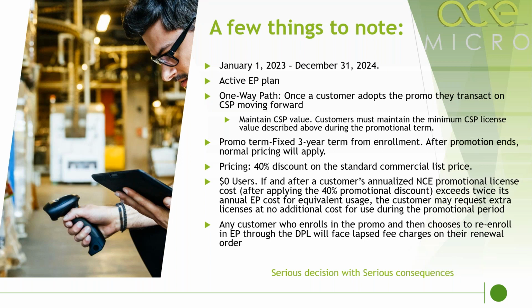And this bottom bullet addresses that: if not, there's some serious teeth in it. If you don't move to Business Central by 3 years, there are penalties and lapse charges that come into play. So when we make that decision, we want to make it with confidence that if we're not going to renew just under GP, BREP, and we're going to renew under this new CSP model, we're committed to making that move within a 3-year period.